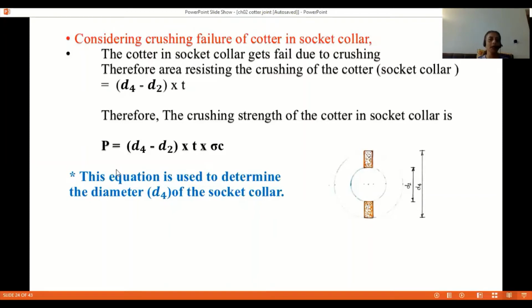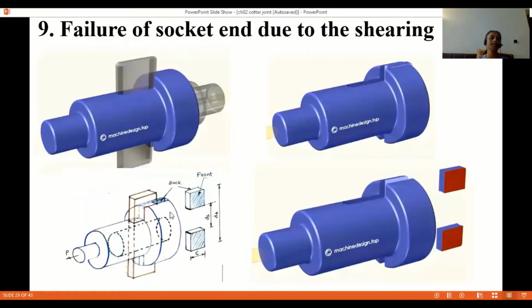So P is equal to (D4 minus D2) into t into sigma c. We are interested in finding the safe diameter of the socket collar, which will resist crushing failure. So from this equation, we will find the minimum safe diameter of the socket collar, that is D4.